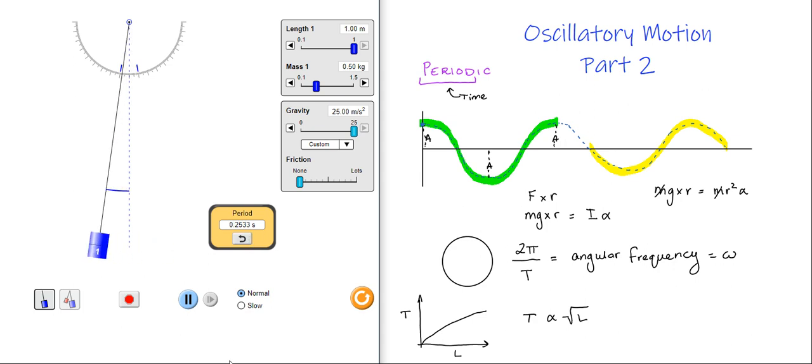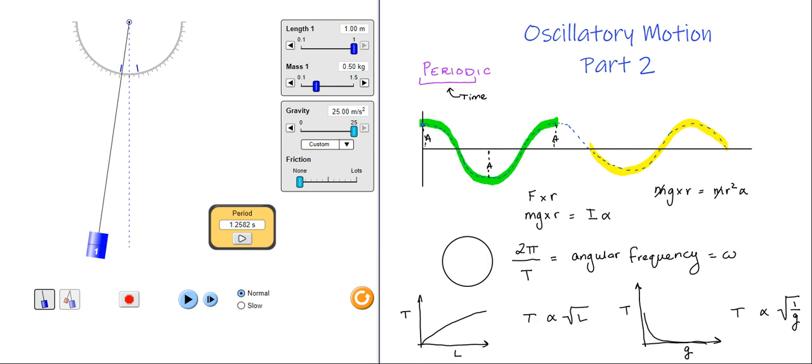So let's just double check here on the period. Yeah, it's substantially less than 1.6816, which is what it was for Earth. So if we were to graph the period versus the gravitational field, we would see that T is proportional to the square root of 1 over g.